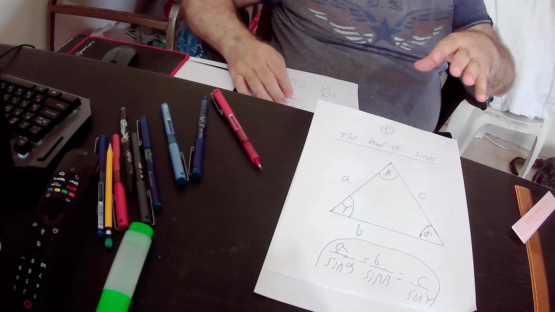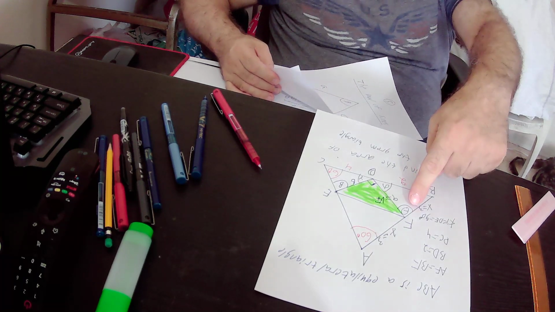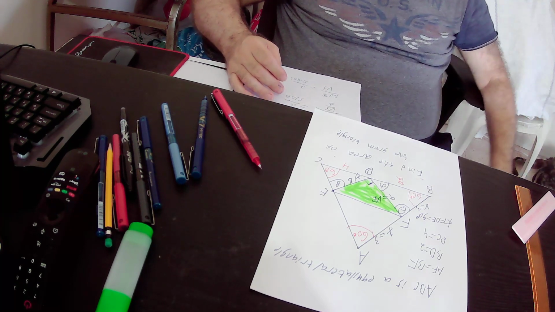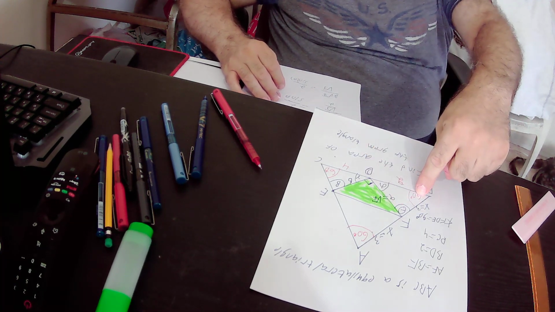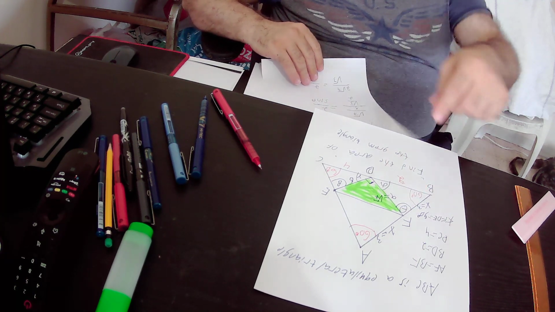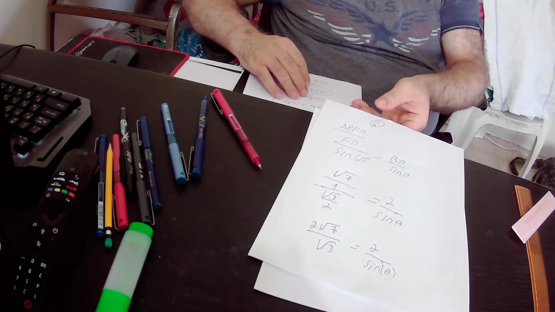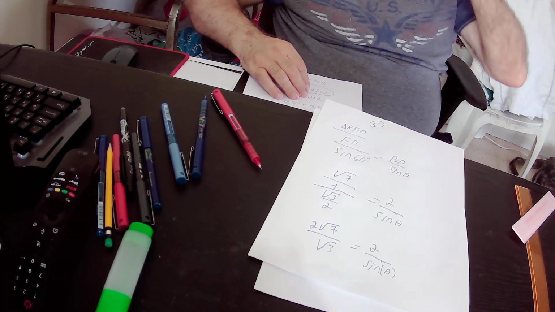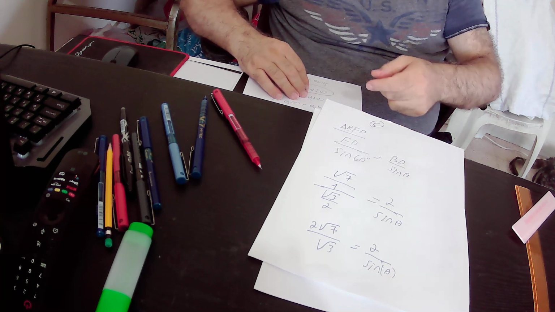And we implemented the law of sines in triangle BFD. In triangle BFD, we can say that FD over sine 60 degrees equals BD over sine theta.